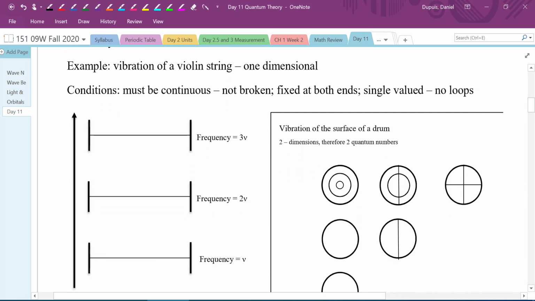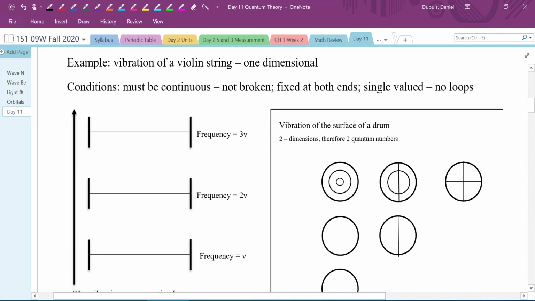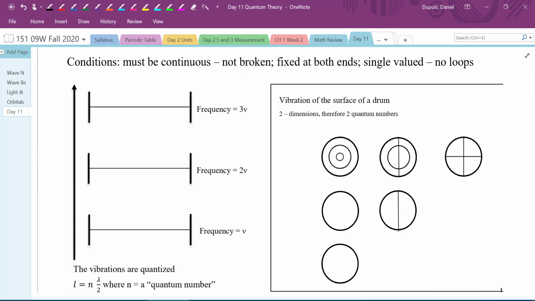So let's look at a couple of these. All right. We have 1/2 the wavelength. So if the length here, so this distance, the length would be 1/2 of lambda.